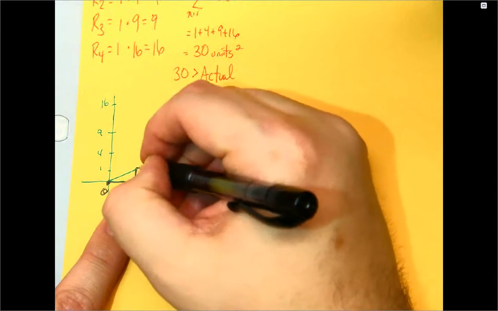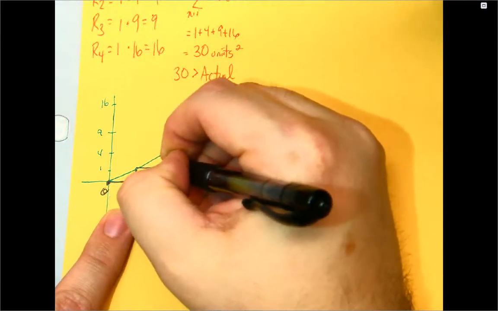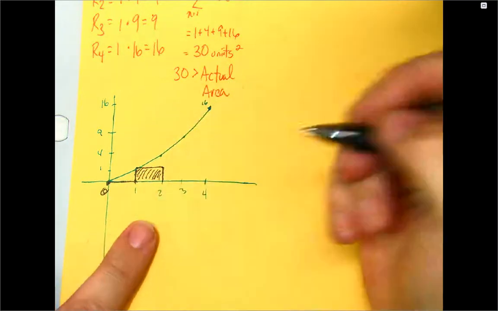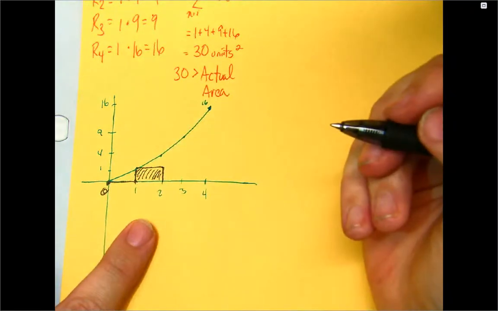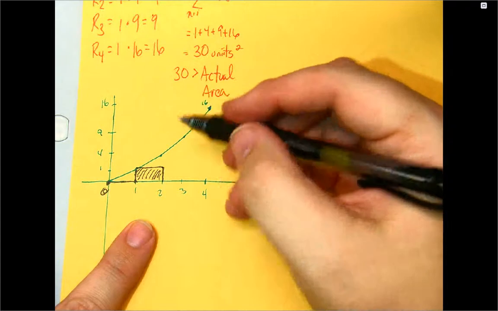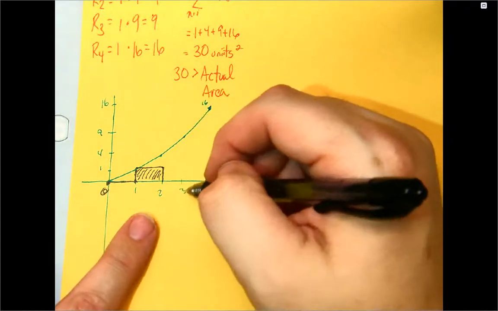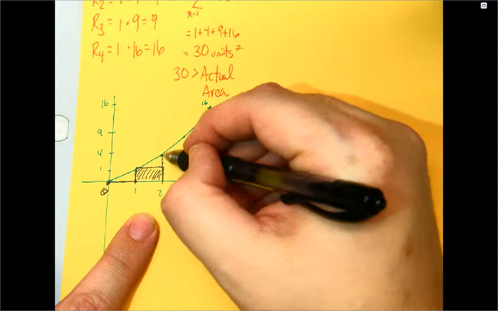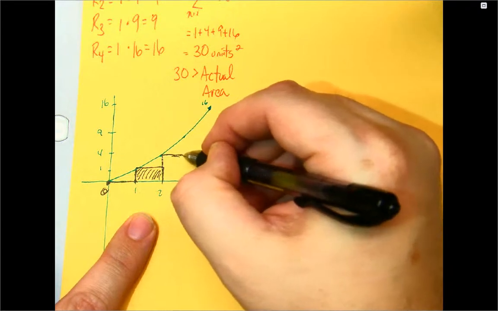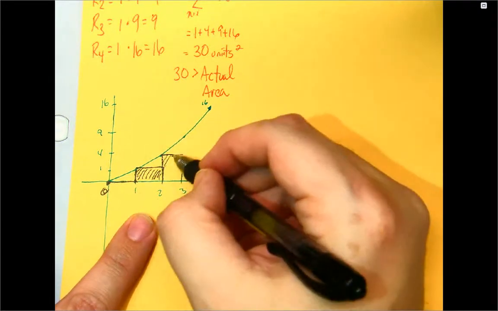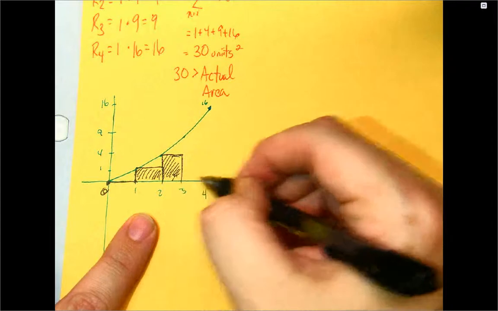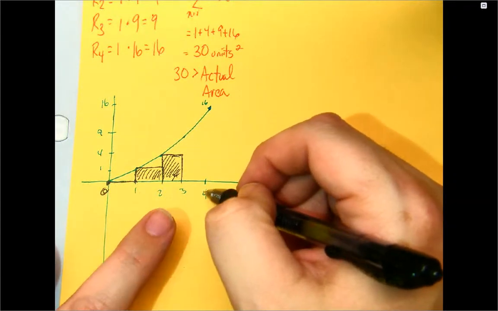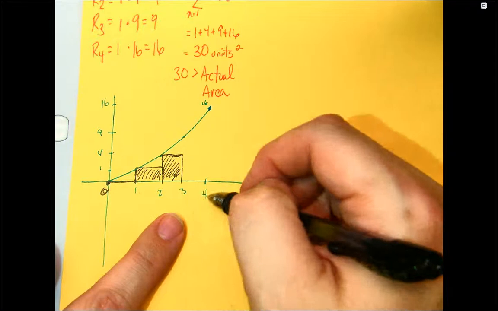Now from 2 to 3, what endpoint? 2. So I'll come up with this. And then from 3 to 4, since we're still doing left endpoints, which one am I going to use? 3.